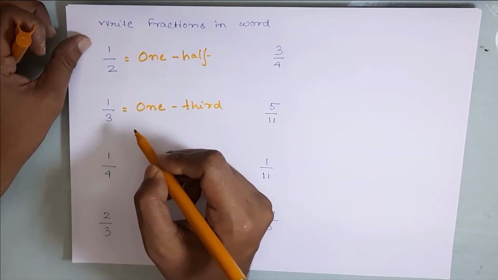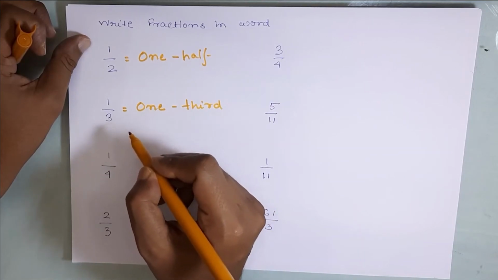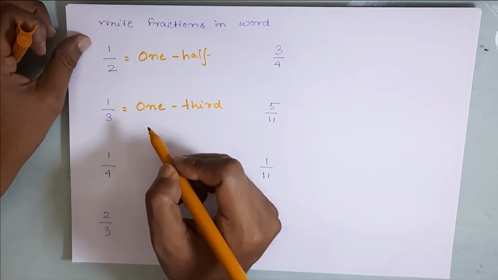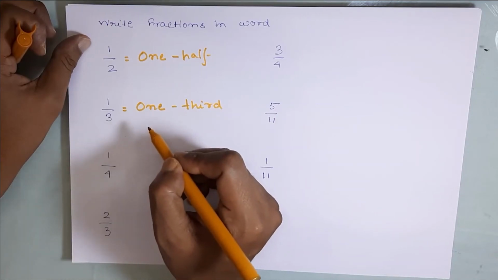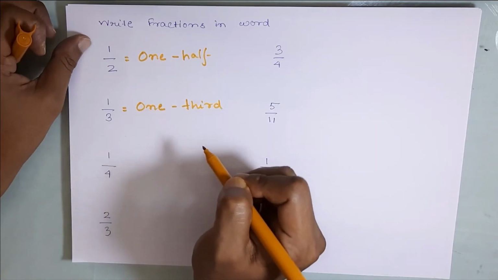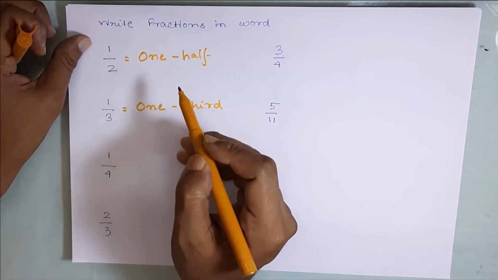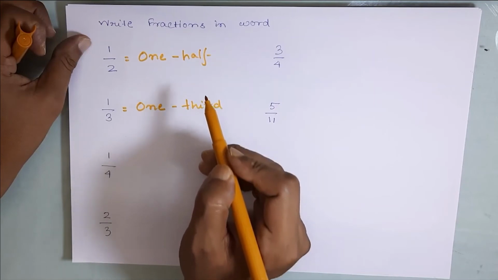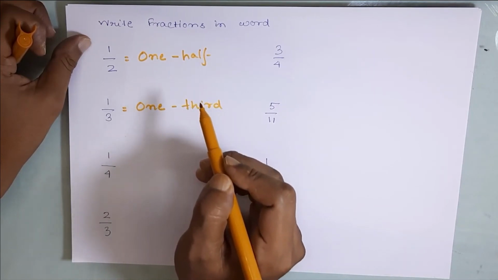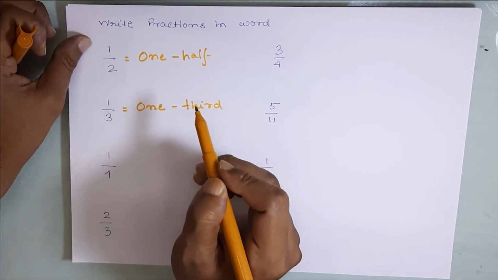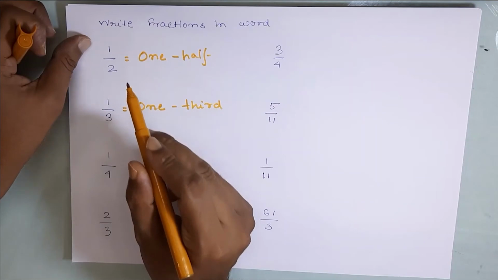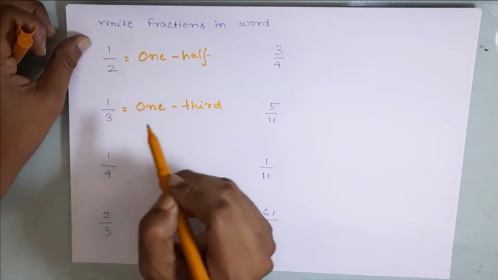Now if you take a whole and divide it into 3 equal parts, and out of 3 one part is represented as 1 by 3 in fraction, and in words you will write it as one third. If you take a whole and divide it into 2 equal parts and you take one out of it, then you can represent that fraction as 1 by 2.